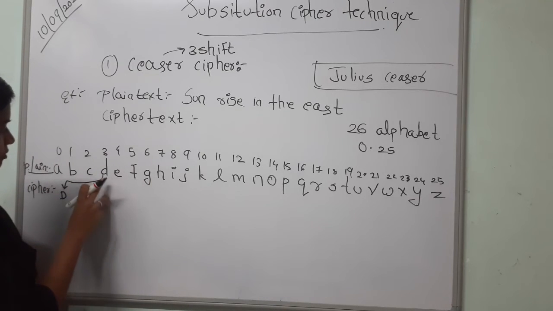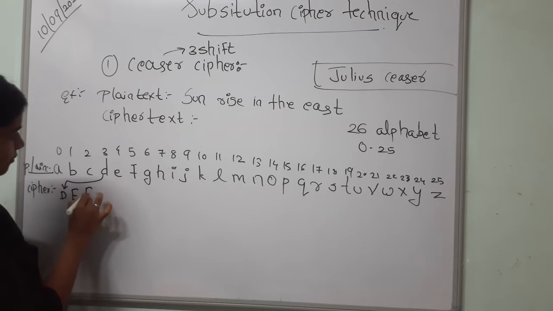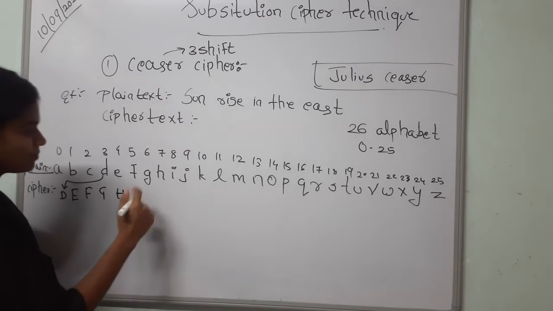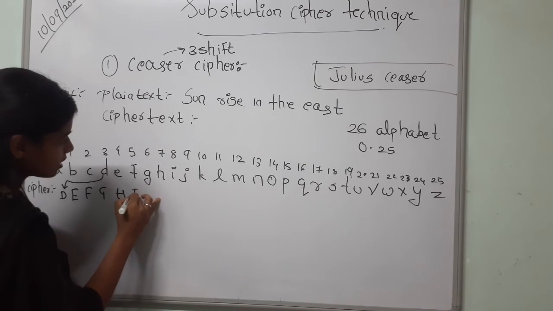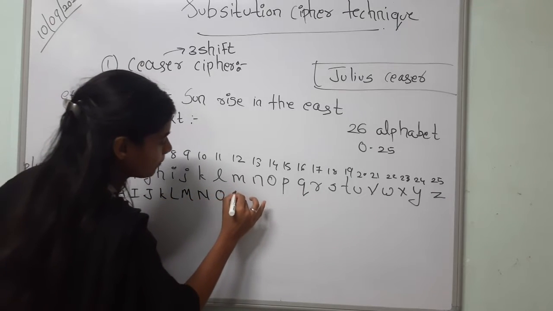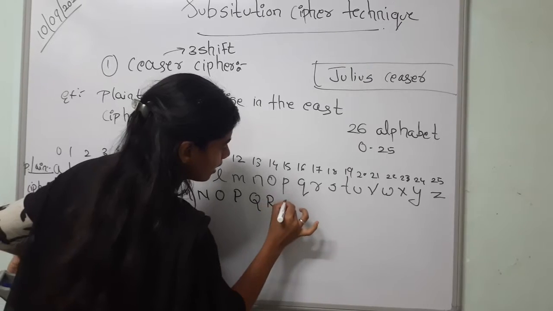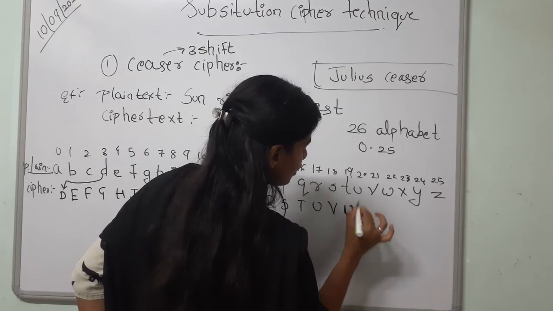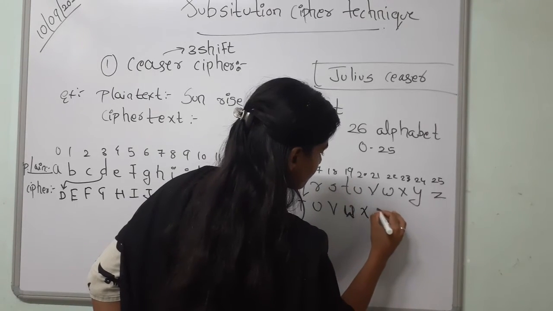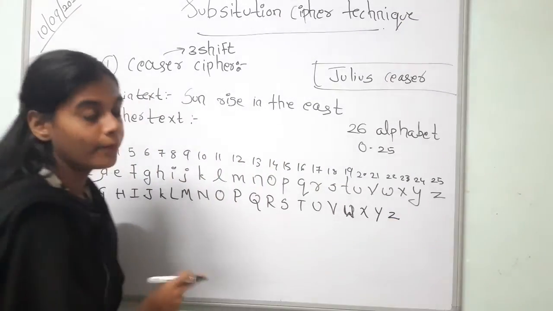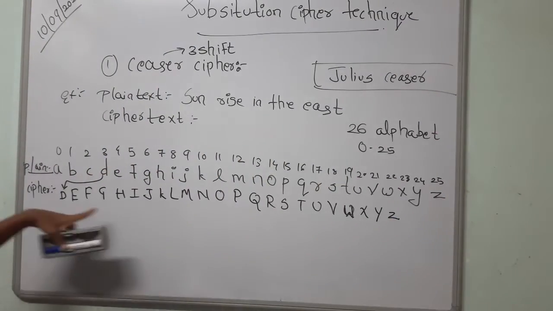D is taken, after that E, F, G, H, I, J, K, L, M, N, O, P, Q, R, S, T, U, V, W, all in capital letters. W has come opposite Z, but we can't stop here.